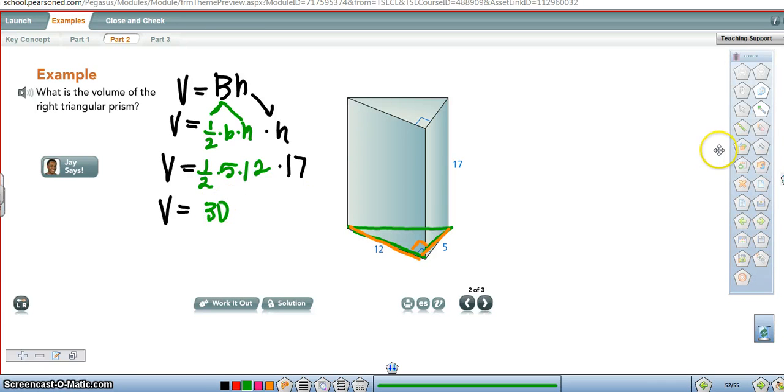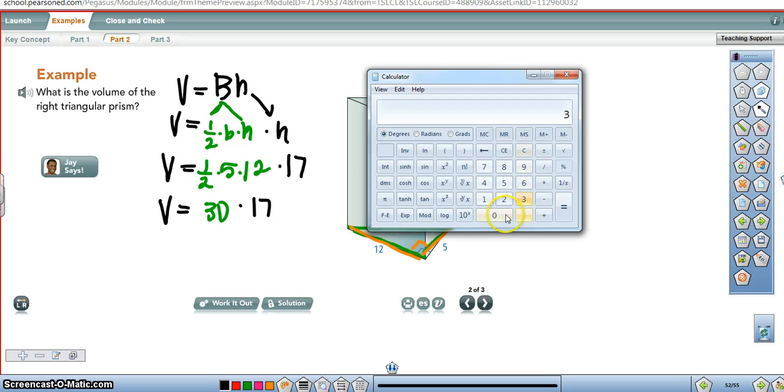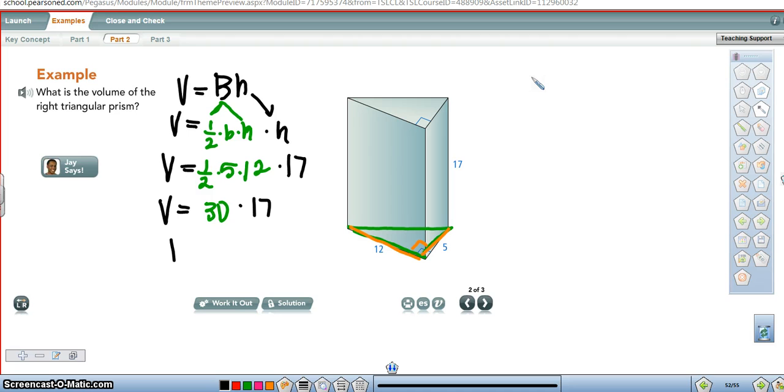So the area of the base, the area of the triangle, is 30, and we need to multiply that by 17 as well, because 17 is the height of the whole 3D shape, the whole prism. So 510, and in this case we aren't given a label, so we can just say units cubed, since we don't know what kind of measurements we're using.